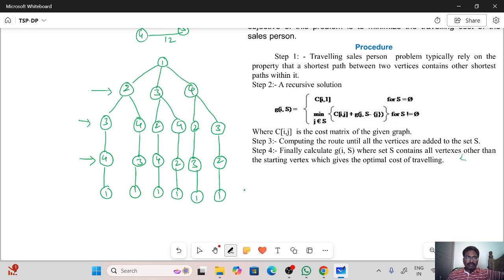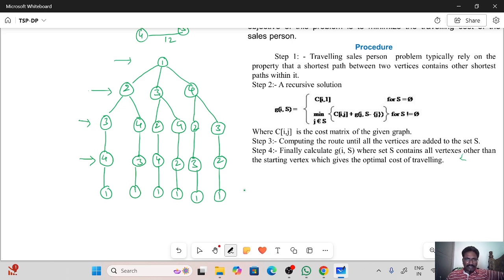For node 3, the minimum of either 241 or 421. At node 4, the minimum of 231 or 321. Once I find the minimum traveling costs at nodes 2, 3, 4, only then do I find the minimum cost at node 1. So this is the minimum of node cost 2, node cost 3, node cost 4 plus the edge cost. For this we are going to write a recursive formula as well as the base case.